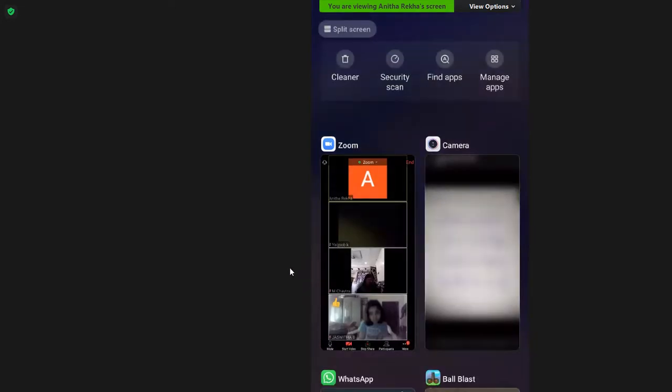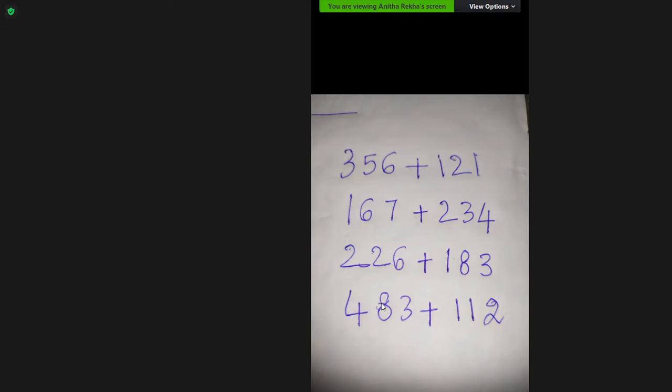Children, this is the screen. You have to complete these 4 sums. If I can't see the screen, miss. Why? This is the screen. You can see. Children, observe carefully.